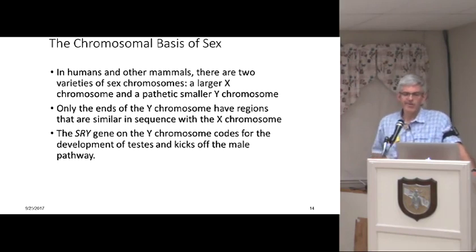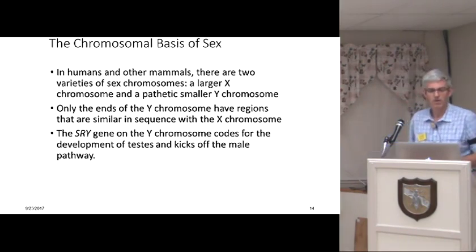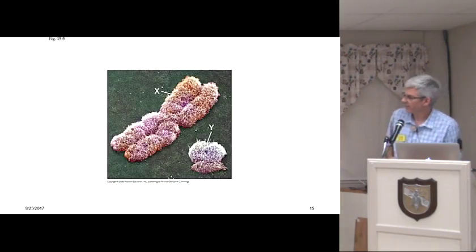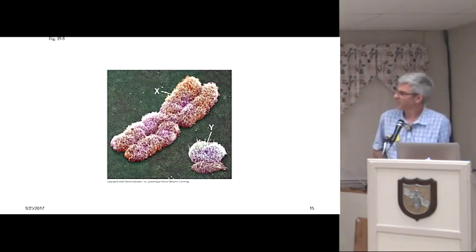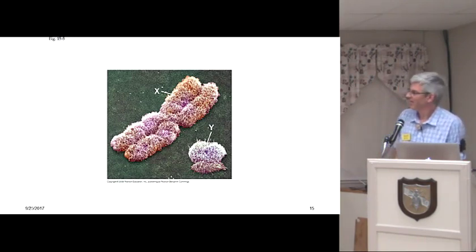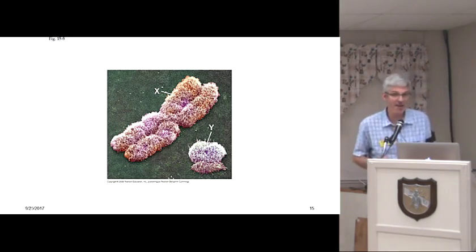So in mammals, we have X and Y chromosomes as a special pair out of our, how many pairs? 23 pairs, right? So it's 22 plus XY for a male and 22 plus XX for a female. The Y chromosome is just pathetic. Look at this little pathetic thing, right? Compared to the X, it's much, much smaller. It is pretty pathetic, but it's powerful because it can make a male, all right?